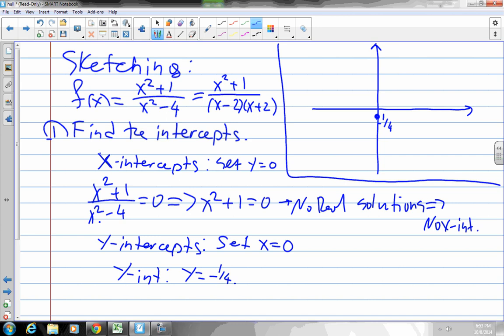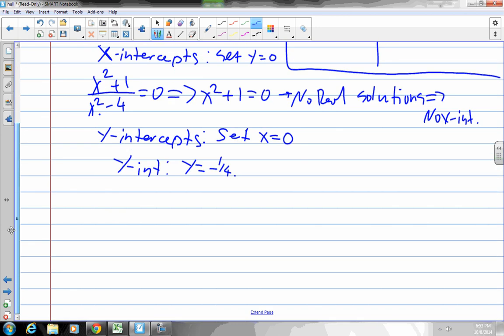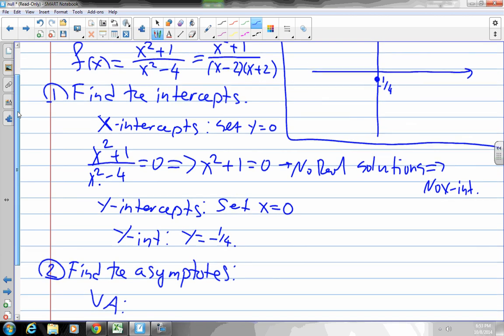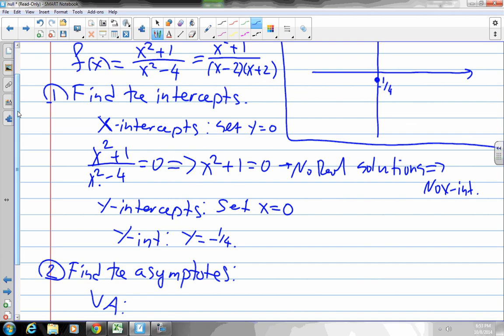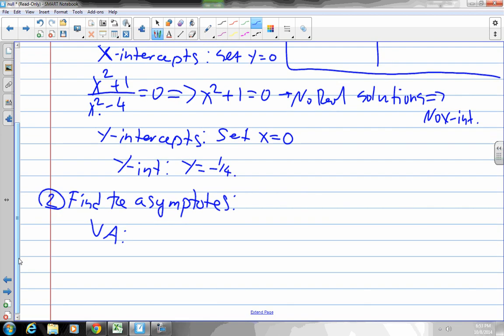The second step would be to find the asymptotes. So vertical asymptotes, in this case, we kind of already talked about this. You factor a function, you try to reduce it, nothing to reduce. So whatever the zeros of the denominator, those are your vertical asymptotes. So x equals 2 and x equals negative 2.